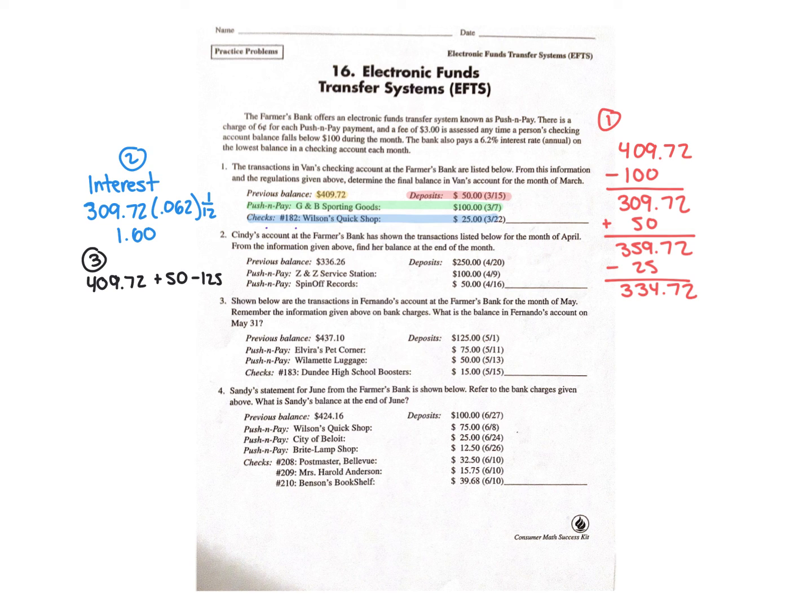It says that there's a 6-cent charge for each push and pay payment. They only had one push and pay payment, so we're going to subtract off 6 cents. And then we are going to add in that interest, plus $1.60. So if I add up all of these things, you should end up with $336.26. So that is the answer.